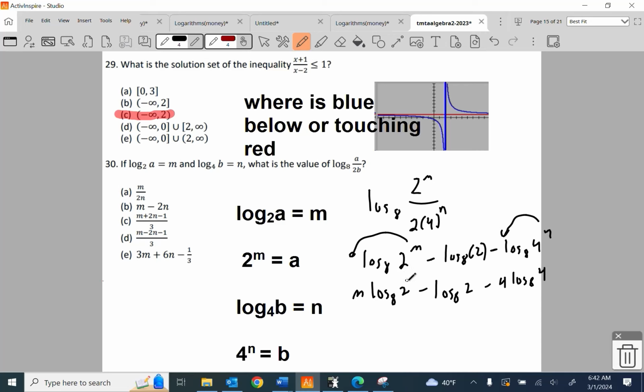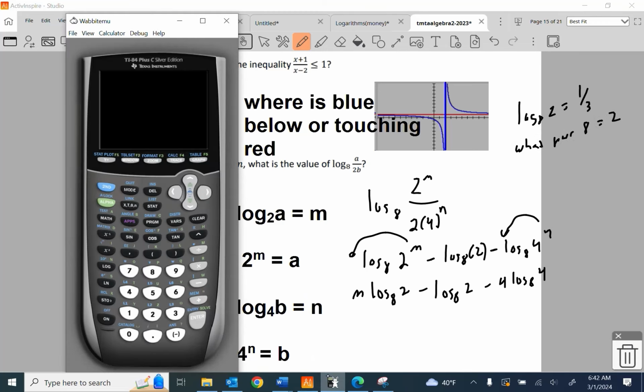Now, I know this is going to be rough for some kids, and some of these are pretty easy to do by hand. Log base 8 of 2 is going to be a third. It's saying what power of 8 creates 2. But anyways, don't let that bother you.